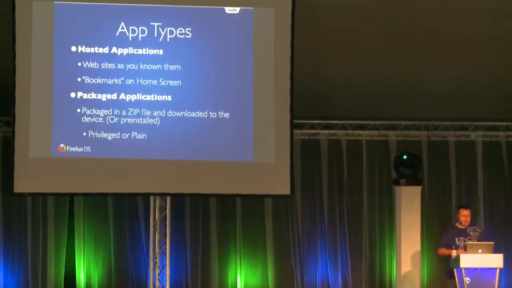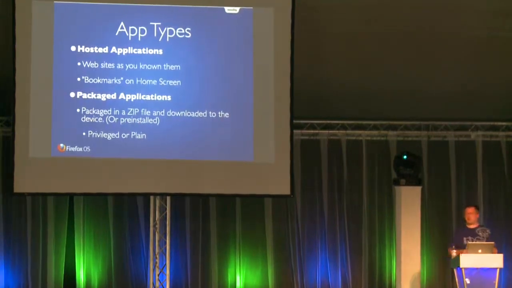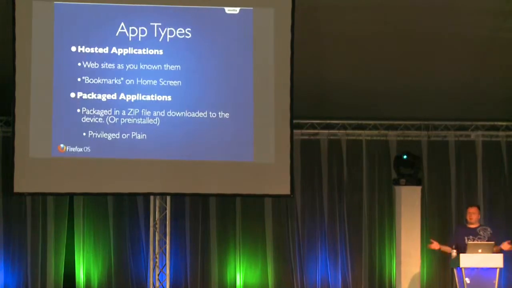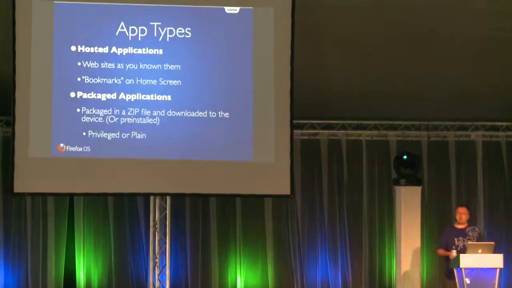So there's basically two types of applications. We have what we call hosted applications, and these are really more like glorified bookmarks or websites, as you know them. And we have packaged applications, which are websites that are simply zipped together. And they can be downloaded to the device, or they come pre-installed on the device.